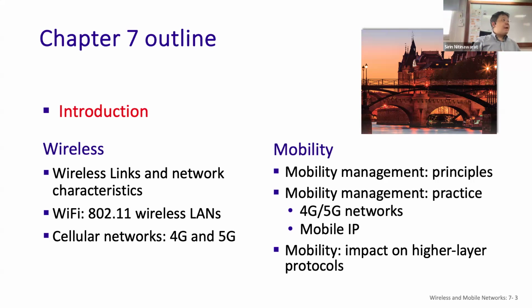You rarely see good Wi-Fi signals outdoors, whereas mobile cellular networks can go outdoors, and you can use them outdoors. So we will explain the differences, going through the details of Wi-Fi first before moving on to the cellular network.